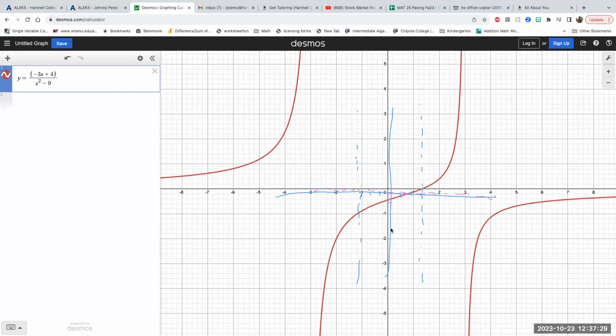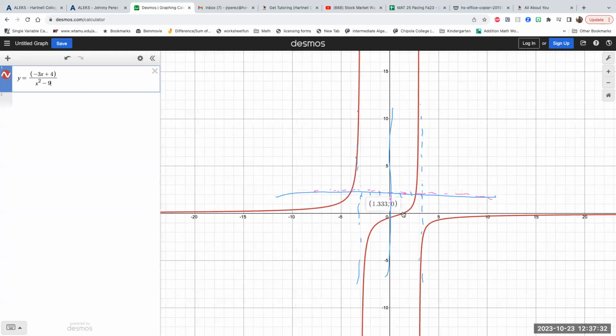That's why when I zoom out, see this point right here, the graph that I was drawing, we could see that's how I knew my graph was going to do this little curve right here, because it has to pass through those 2 points. And then notice I was asking you, if you plug in a point to the left of negative 3, say I plug in negative 4, you would get a positive value.